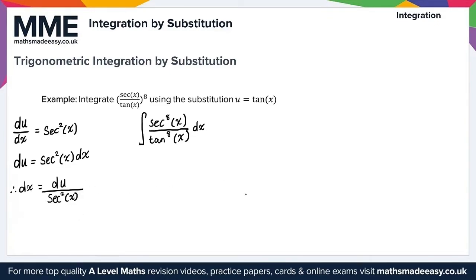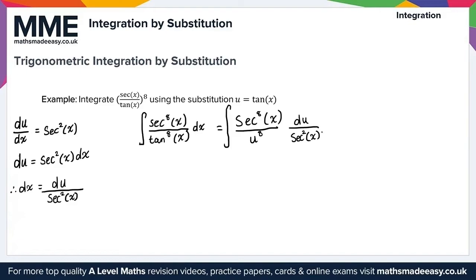So if we put all this together, what we've got now is the integral of sec 8x over u to the 8, because u is equal to tan x, so tan to the power of 8 would be u to the power of 8, and dx then is du over sec squared x.